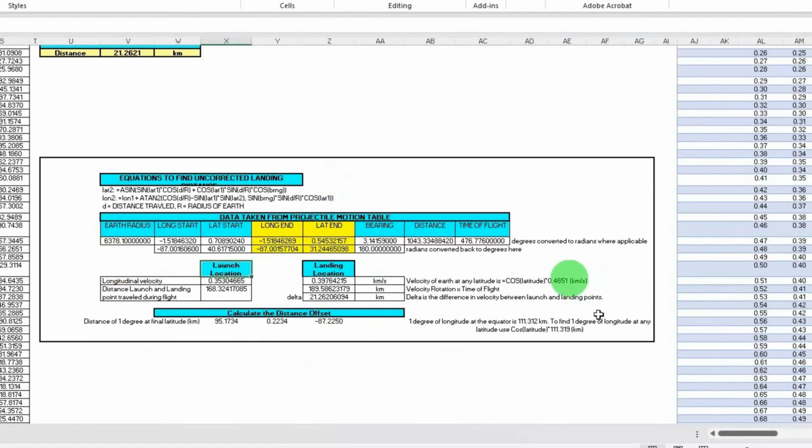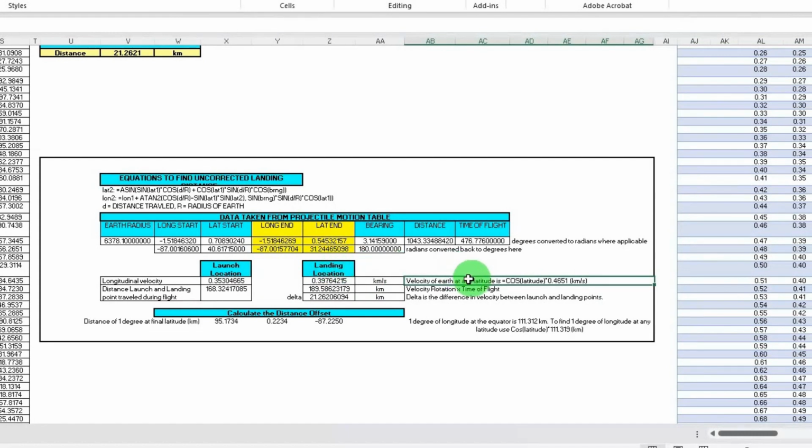What I determined is there's a formula, which is the cosine of the latitude times 0.4651, that gives you the rotational velocity of the surface of the Earth at any given latitude. So we know the launch location latitude, and we know the landing location latitude.